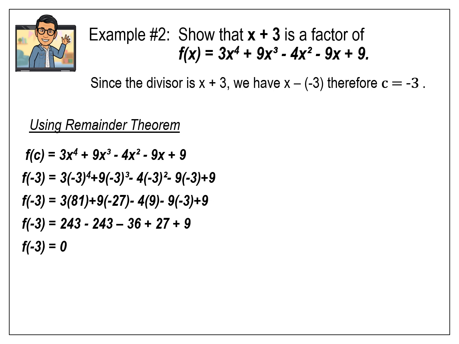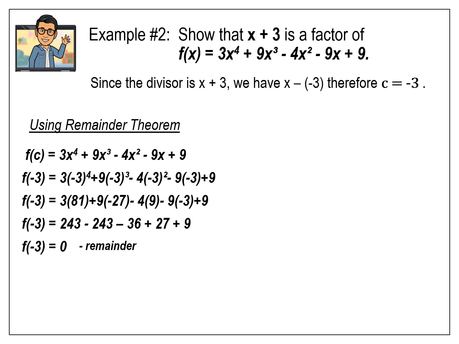Then we have 3 times 81 plus 9 times negative 27 minus 4 times 9 minus 9 times negative 3 plus 9. So we have 243 minus 243 minus 36 plus 27 plus 9 is equal to 0. Therefore, the value of the function is equal to 0.